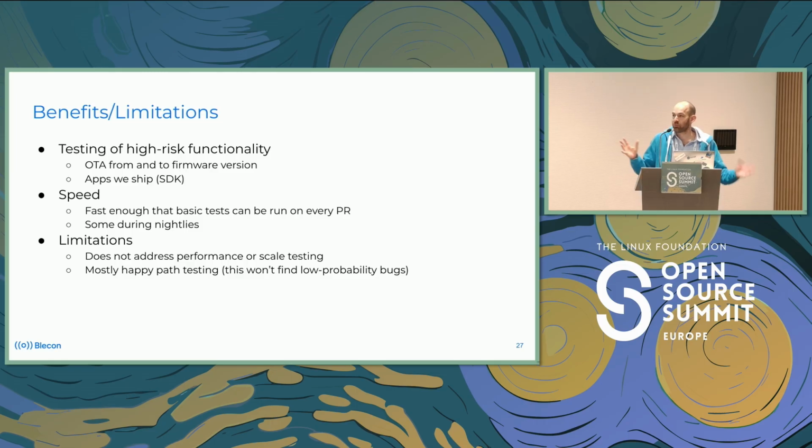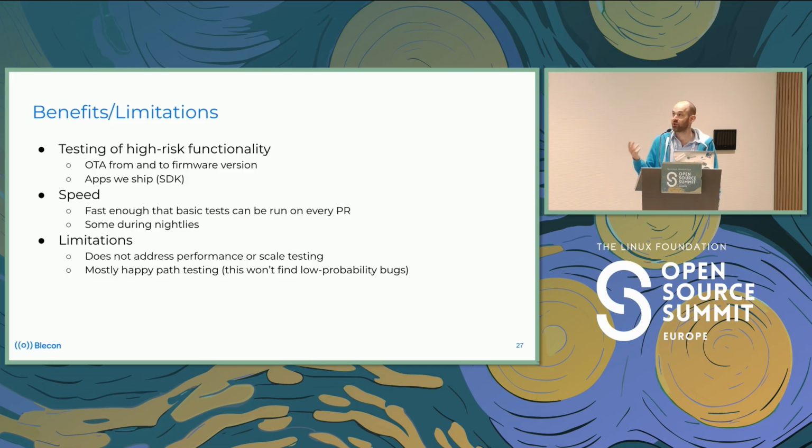So what are the benefits and also limitations? It's still pretty quick to test those things. We can run a subset of tests on every PR, which is very valuable when you're developing quite quickly. And we can run the high risk stuff, for instance, can we run an OTA type workflow?